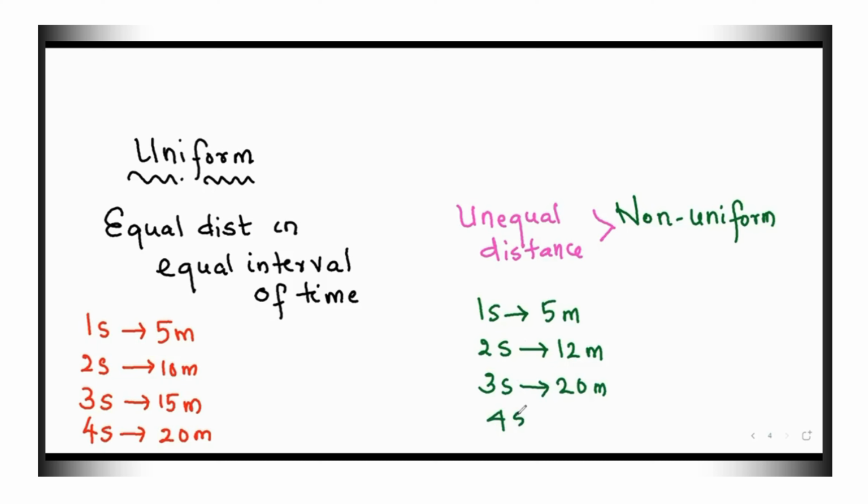And in 4 seconds, it must have traveled some other distance of 25 meters. So you can see that they travel unequal distance in equal interval of time. Such type of a motion, we call it as non-uniform motion. So you are clear with the distance, displacement, speed, velocity, uniform motion, and non-uniform motion.